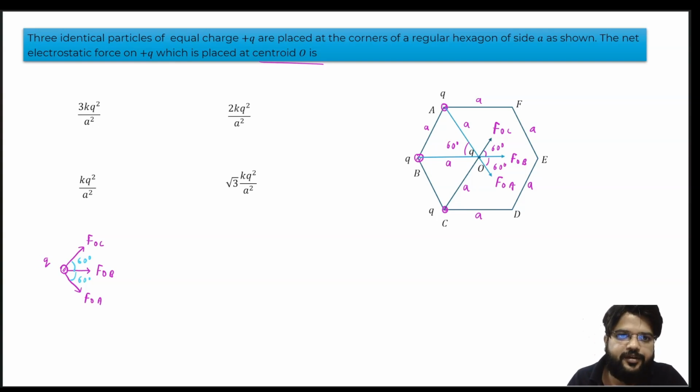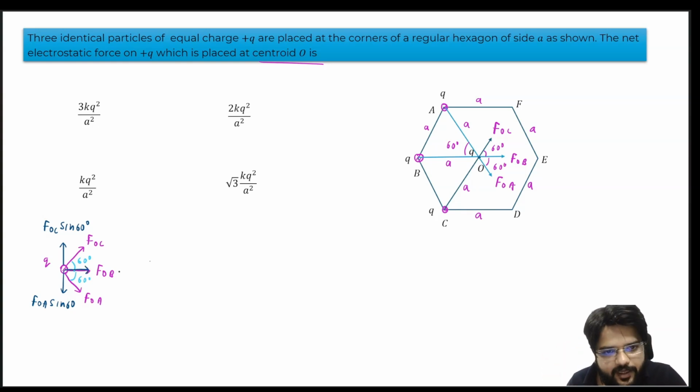Now the next thing is what here? We will resolve FOC and FOB. So if we resolve, this is FOC sine 60, and this is FOA sine 60, and this is FOB cos 60.